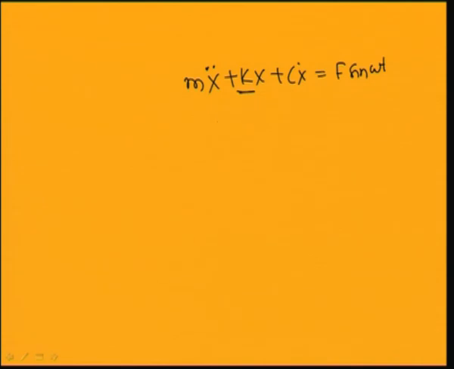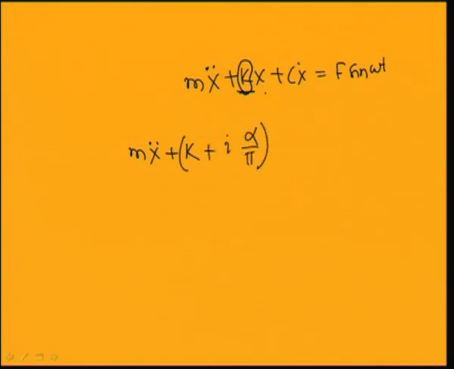When the system stiffness is not real but complex, then we can write this equation in this form: m x double dot plus (k plus i alpha by pi) x equal to f sin omega t.